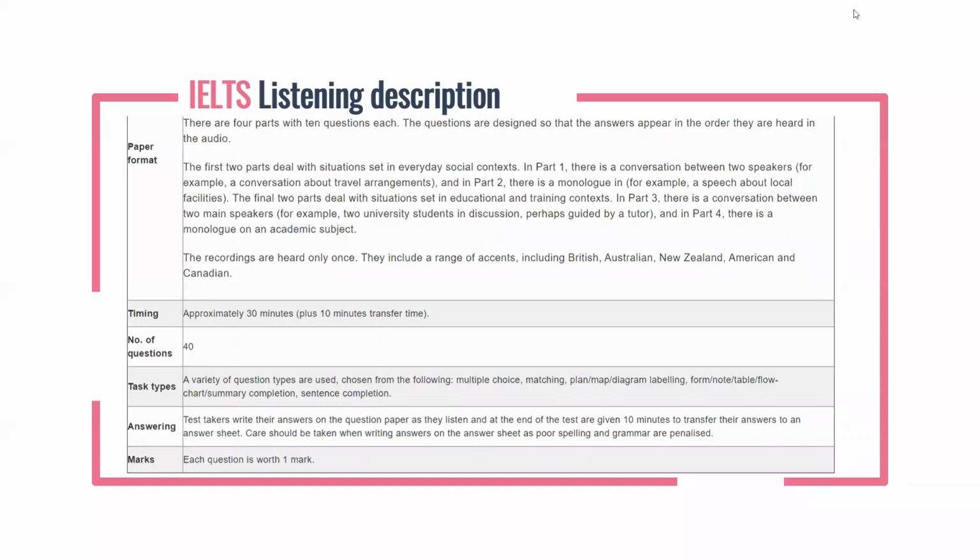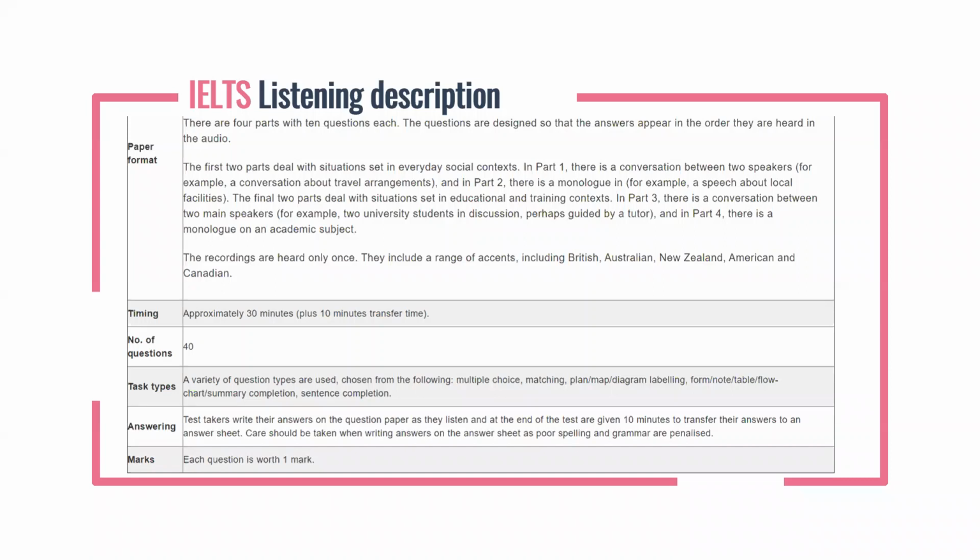Then in part 2, there will be a monologue, a speech maybe from a faculty member or a professor. In part 3, which sometimes is the most difficult, they add 3 speakers, so it is sometimes very difficult to identify who is speaking what.